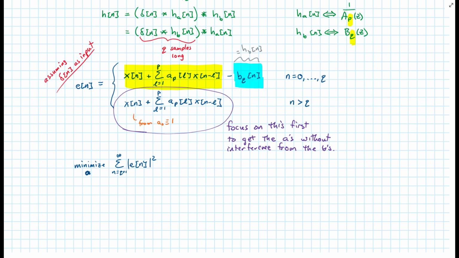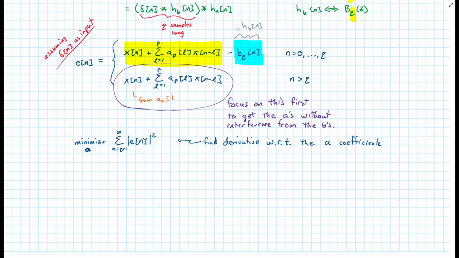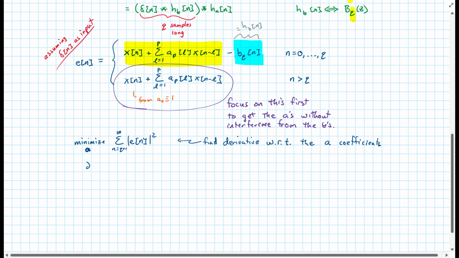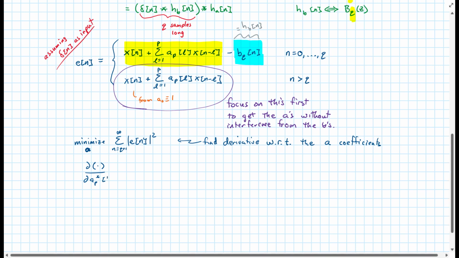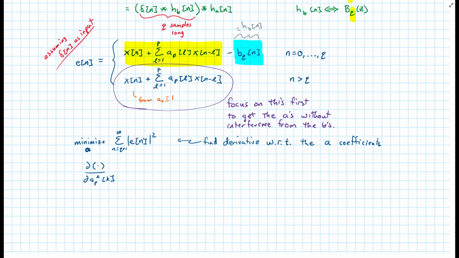Let's write that as a vector. And we'll do this by taking the derivative with respect to the A coefficients. So if we take the derivative of this function with respect to a star P of k.